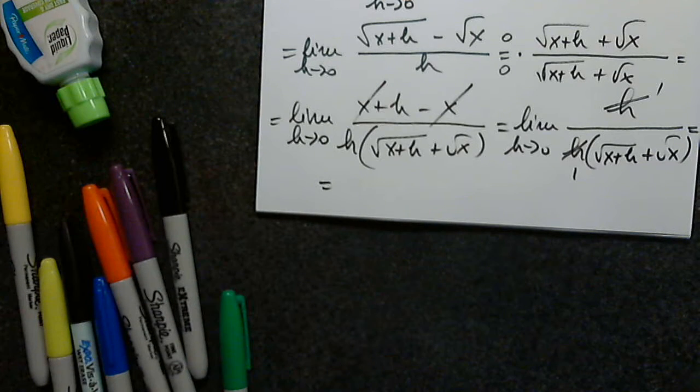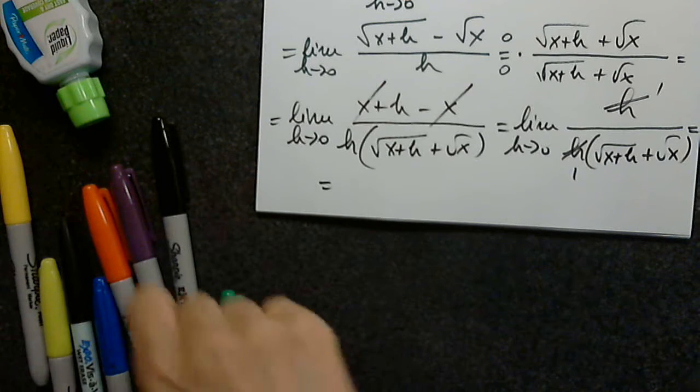Please understand, if you drop the limit operator before the last step when you put the number in, I will have to deduct a little bit of points, and I don't want to do that. Without the limit operator, it makes no sense. So this does not equal this. The left-hand side that you see there does not equal this. It equals the limit of this. So please make the distinction.